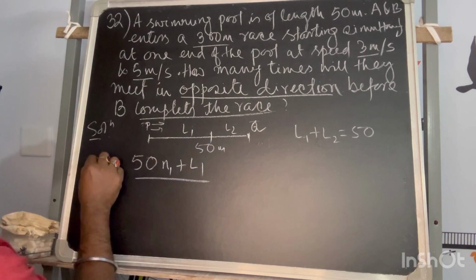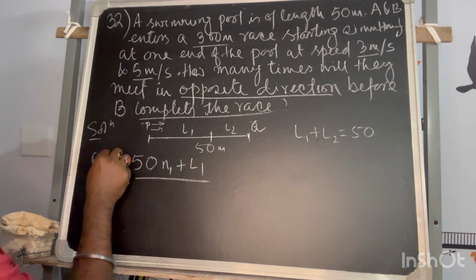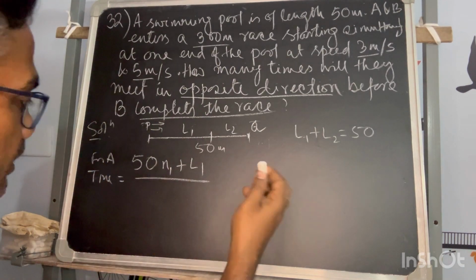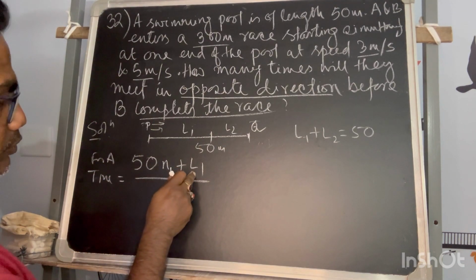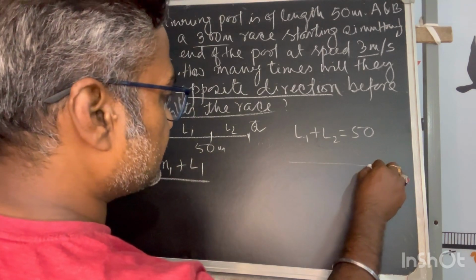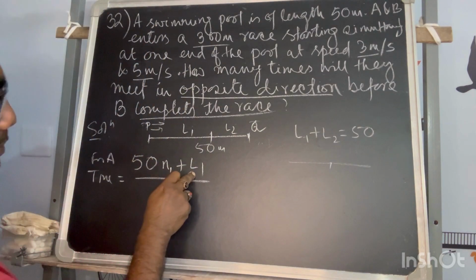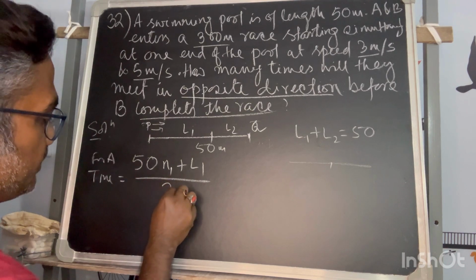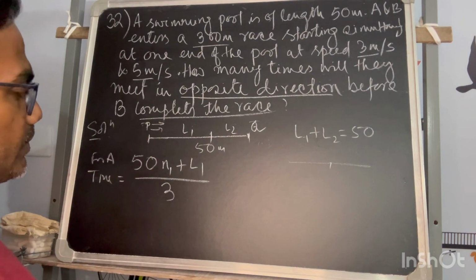This is for time. This for A is the time taken for any particular lap up to an L1 fraction, meaning after completing a lap he is moving some distance, so that may be the fraction L1, and because the speed is 3, this is the time taken.